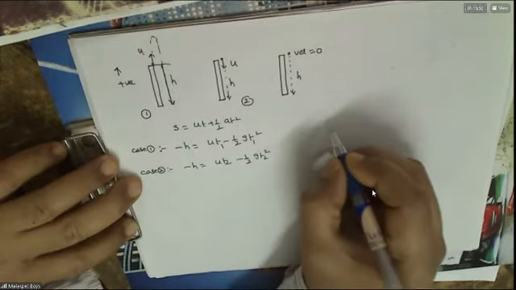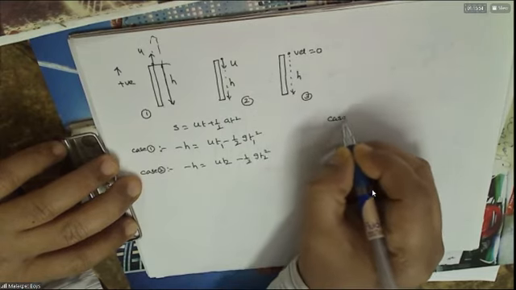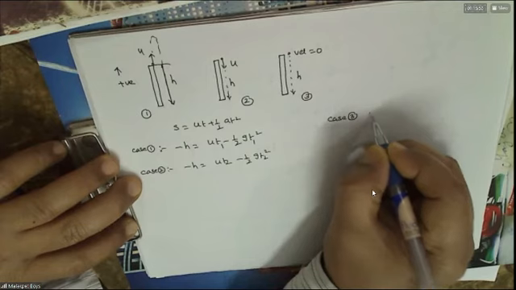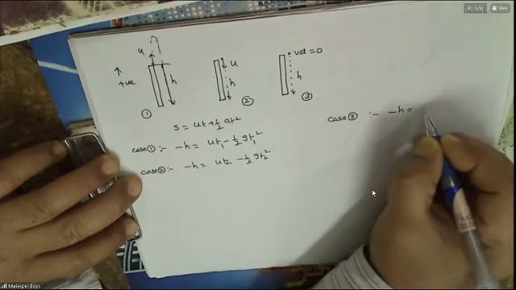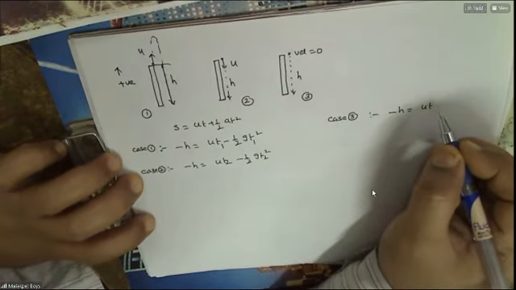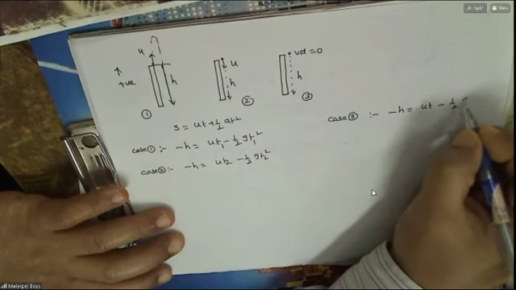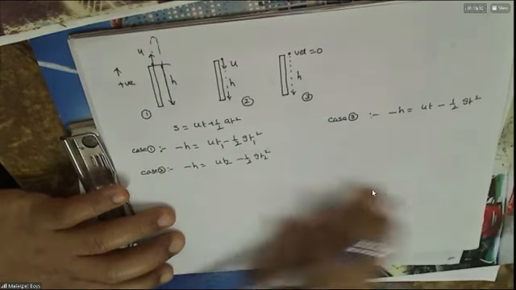Now what is the third case? Minus half GT3 square. So the body is freely falling. Understood till here?